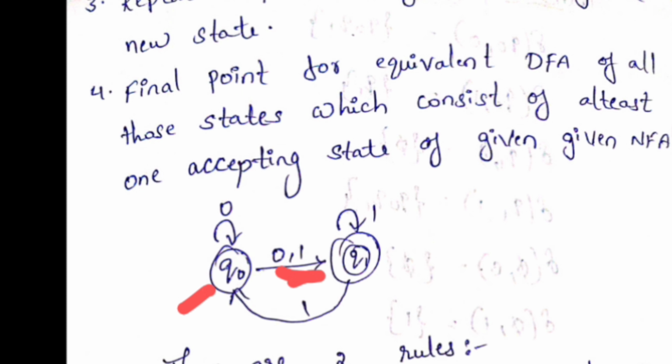Here in NFA we can have one or more inputs with a single path. But in DFA there is only single input with a single path. So we need to convert here NFA to DFA. So until a new state is not repeating, we need to do the transition function.